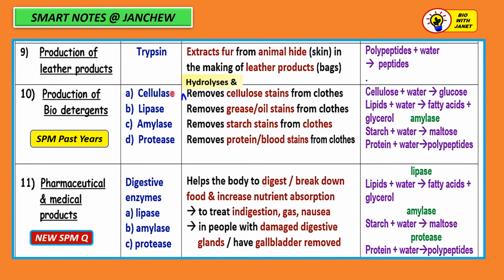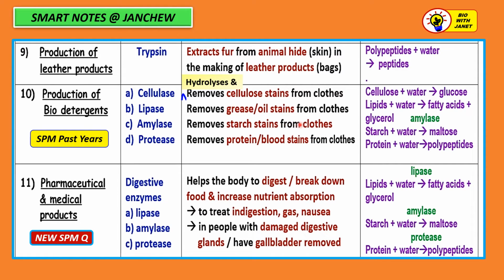Then cellulase removes cellulose stains from clothes. So all these are the enzymes in the biodetergents. Cellulase is used in biodetergents to remove the cellulose stains by digesting them to form glucose. Lipase is used to remove grease or oil stains from clothes by digesting the lipids into fatty acids and glycerol.